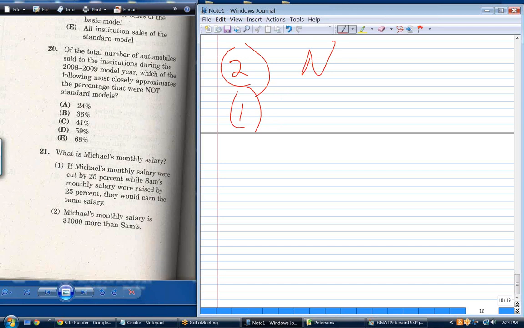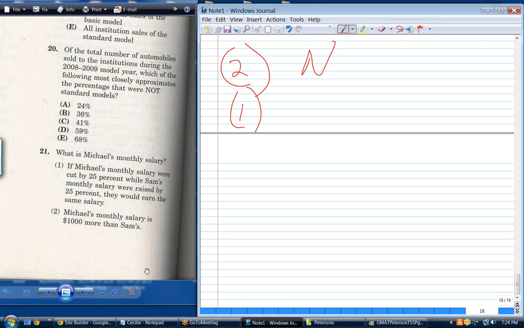The advantage of knowing that 2 is a no is that if you were to run out of time right now, you could make a very educated guess. Whereas if you'd spent that 10 seconds trying to analyze number 1 and ran out of time, you're not nearly as good a position to make a guess.